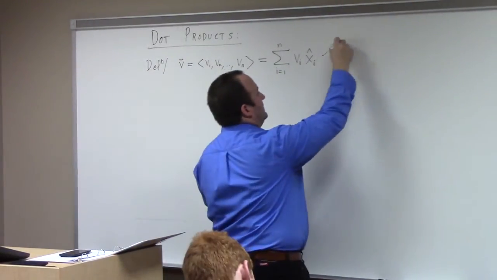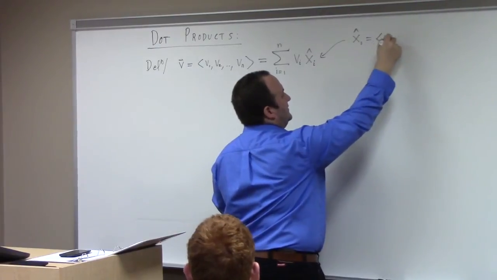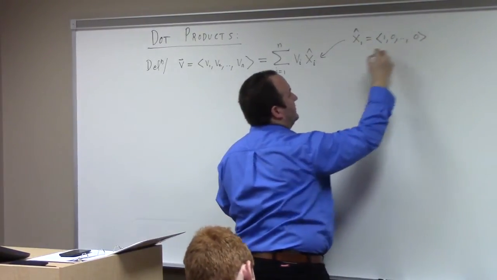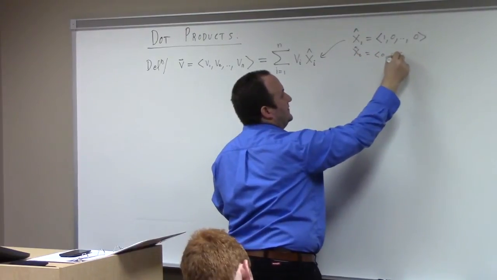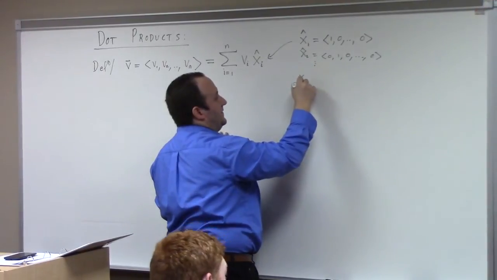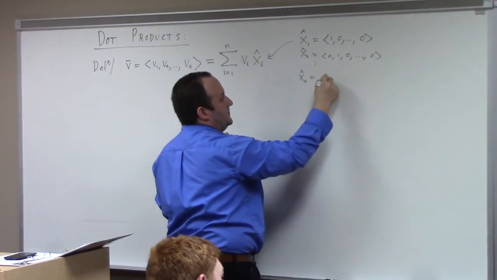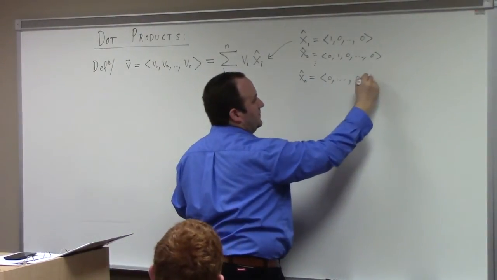Like here, x hat 1 is 1, 0, 0; x2 hat is 0, 1, 0, and so on all the way down. And then finally, you keep going and going. Eventually, you get to the nth unit vector along the nth Cartesian coordinate direction, which is 0, ..., 1.